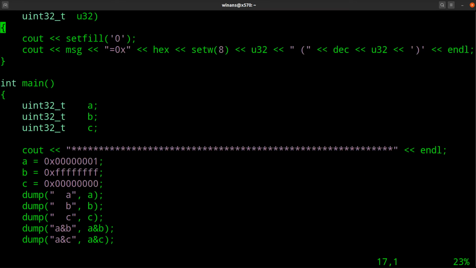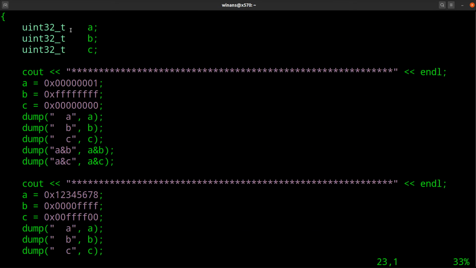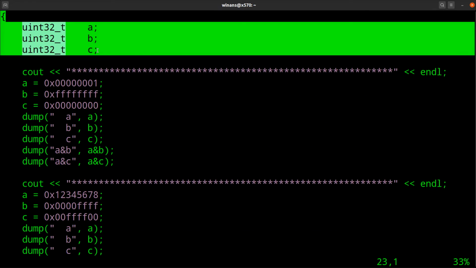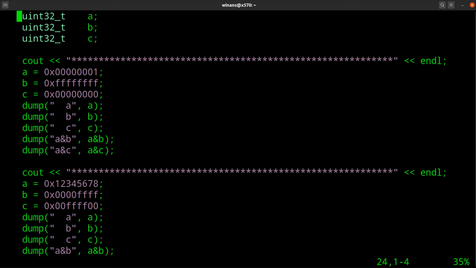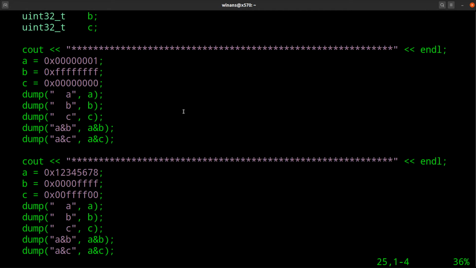Okay. Let's look at this little program. What does it do? I got 3 unsigned 32-bit values. Now, everything you're looking at here will work with 16 bits, 32 bits. It works with signed values, unsigned values. Why? Because the system doesn't really care what the data type is, as long as it is of an integer type. All this math, all the operations that you see will work. Again, we're dealing with bitwise operations.